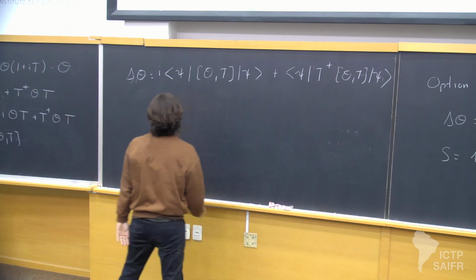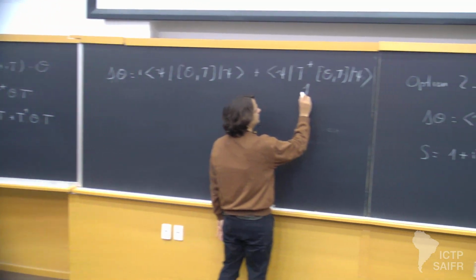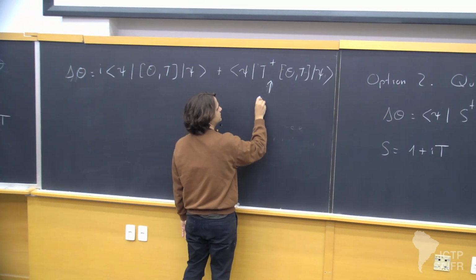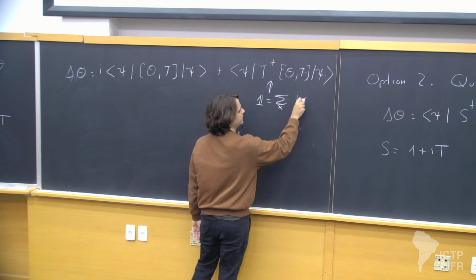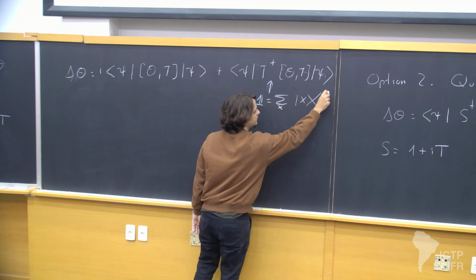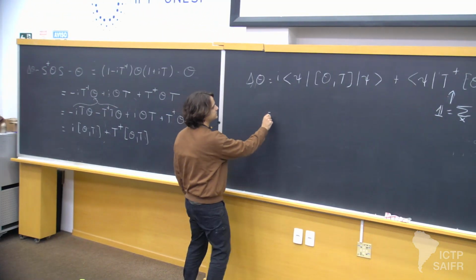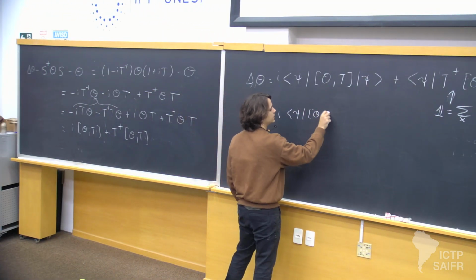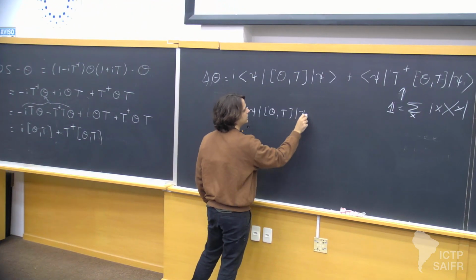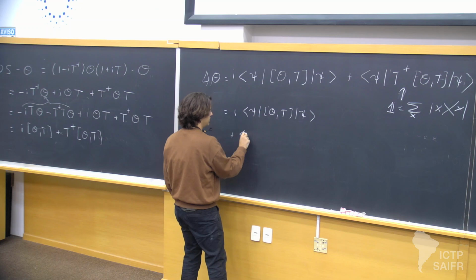Okay, so let me insert here just the relationship 1 equals sum over all the states of the theory, just a resolution of the identity. So this will give me the same term I have here. And then the next term will just give me a sum over all intermediate states.